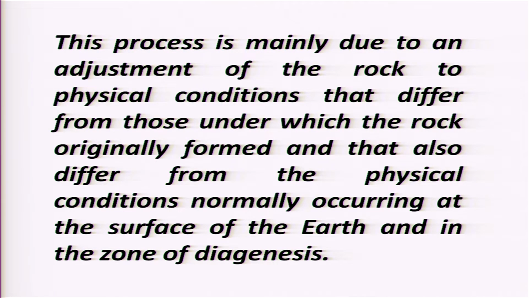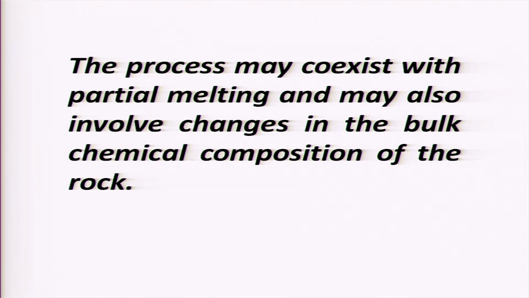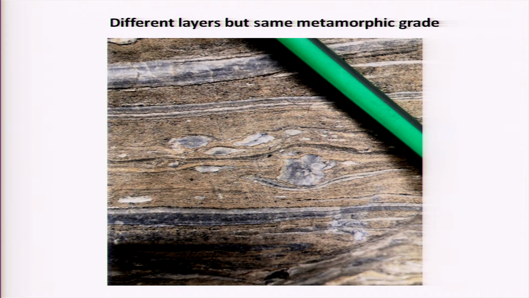This process occurs due to an adjustment of the rock to physical conditions that differ from the originally formed conditions, and that also differ from the physical conditions which normally occur on the surface of the earth and slightly below in the zone of diagenesis. This process may also coexist with partial melting and may also involve changes in the bulk chemical composition of the rock. In order to understand this, let us look at this beautiful image of a deformed rock.